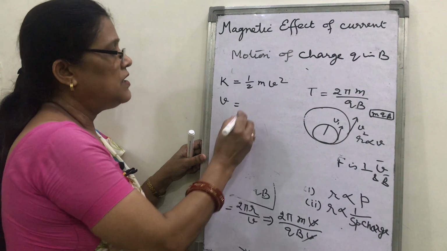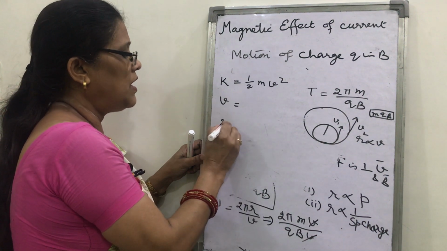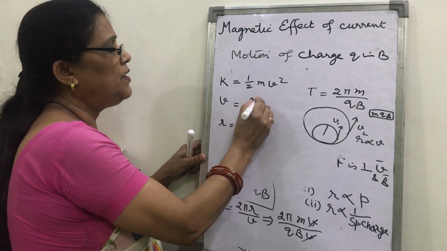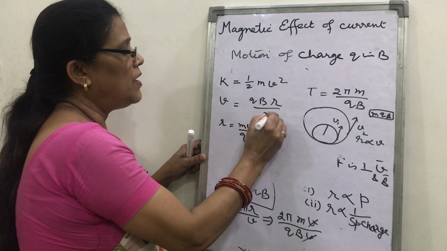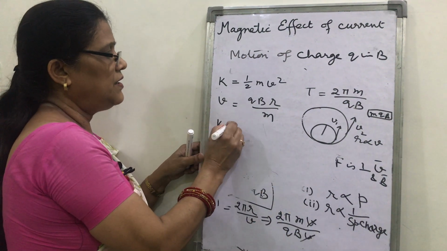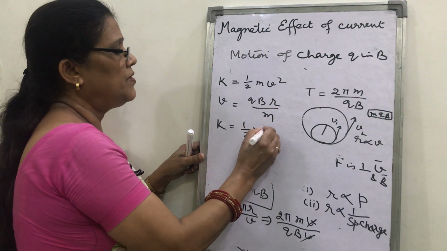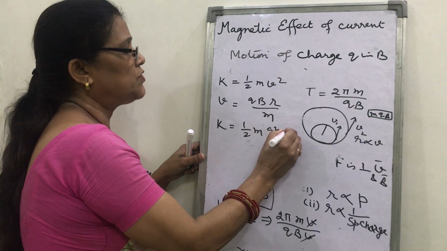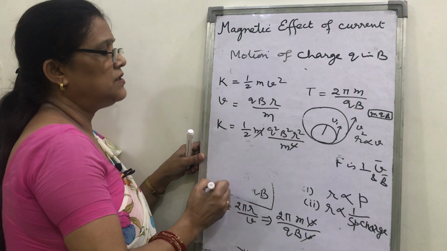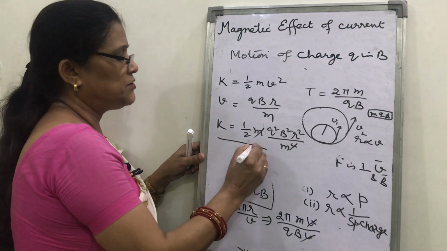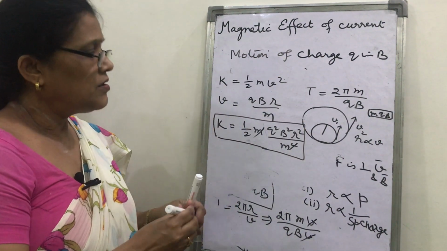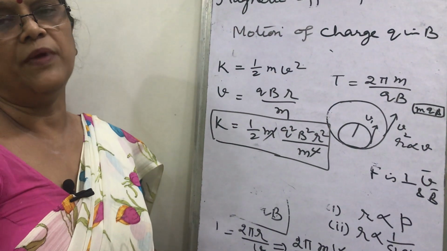From the relation r equal to mv upon qb, v will be qbr upon m. So what will you put here? You will get kinetic energy as half m into q square b square r square upon m square. This m will be cancelled. So look here, this is the expression for the kinetic energy of the charged particle moving perpendicular to a uniform magnetic field.